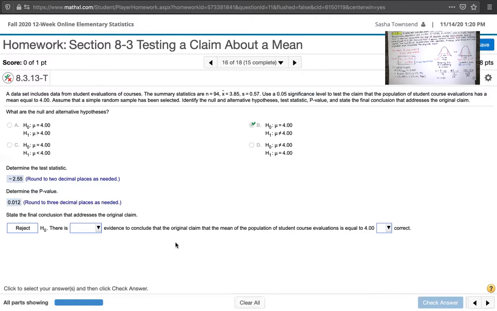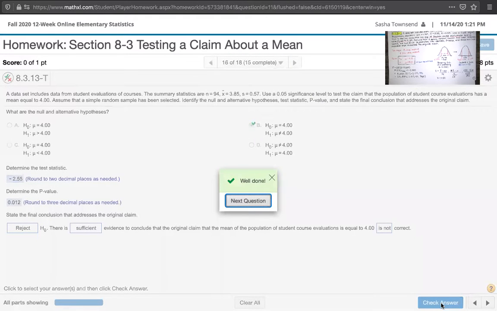And since the claim is the null hypothesis, we're going to say that there's sufficient evidence to conclude that the claim is not correct.